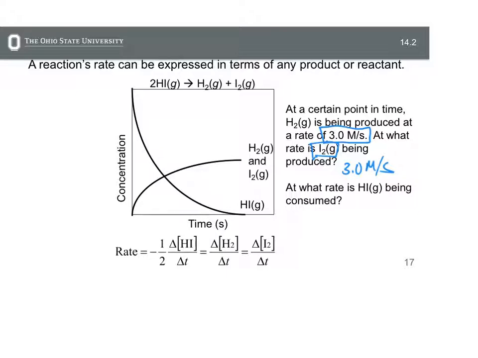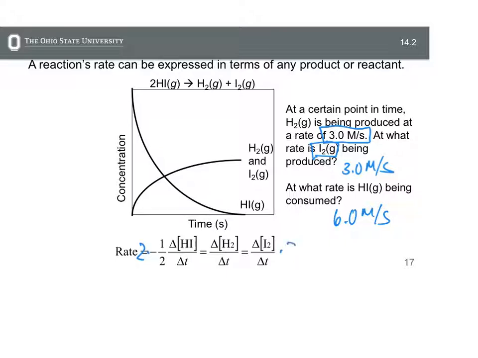So then what rate is HI being consumed? Yeah, 6 moles per liter per second. Okay, and again, if we multiply both sides by 2, why did I write a question mark? I think that was supposed to be 2 times.